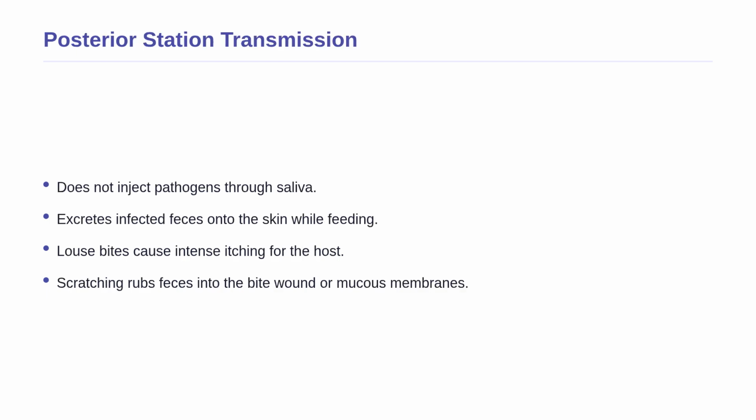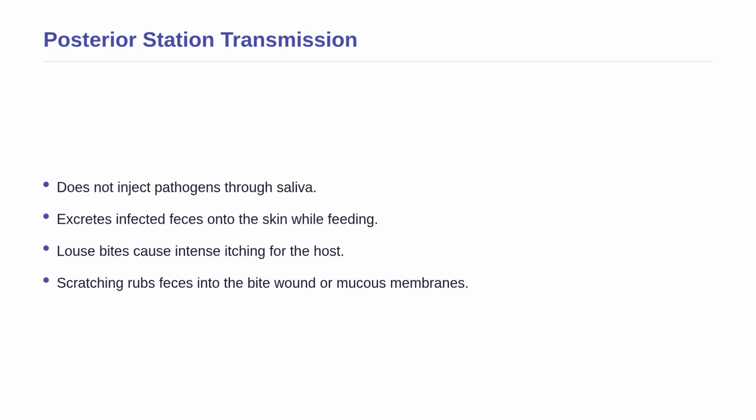Understanding where the body louse lives naturally leads us to how it actually spreads disease. Unlike mosquitoes that inject pathogens directly into your bloodstream through their saliva, the body louse uses a much dirtier method. This is known as posterior station transmission. When an infected louse feeds on a human, it simultaneously excretes feces onto the skin.